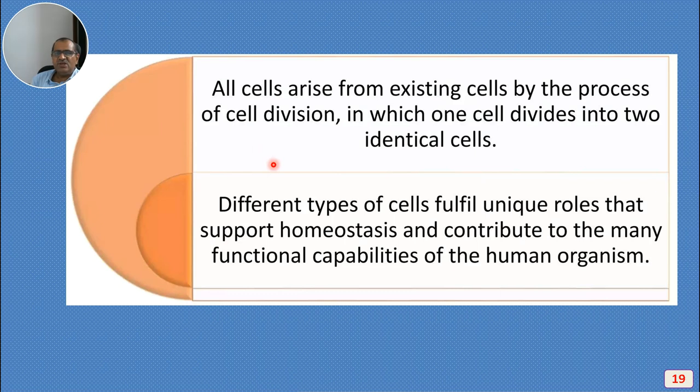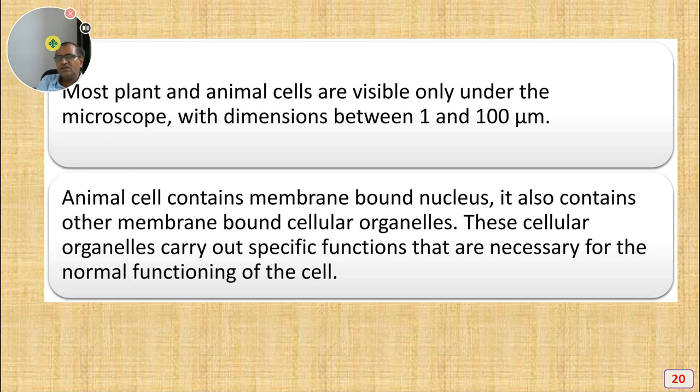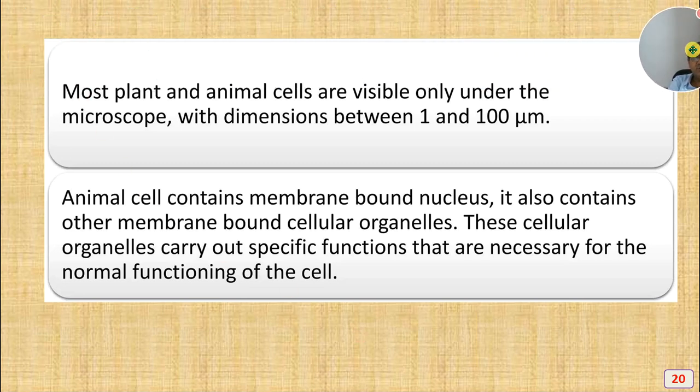Then the other thing we can see here is that most plant and animal cells are visible only under the microscope. We cannot see the cells with the naked eye, with dimensions between 1 to 100 micrometers. So they are very tiny structures, and the animal cell contains a membrane-bound nucleus and also other membrane-bound cellular organelles.